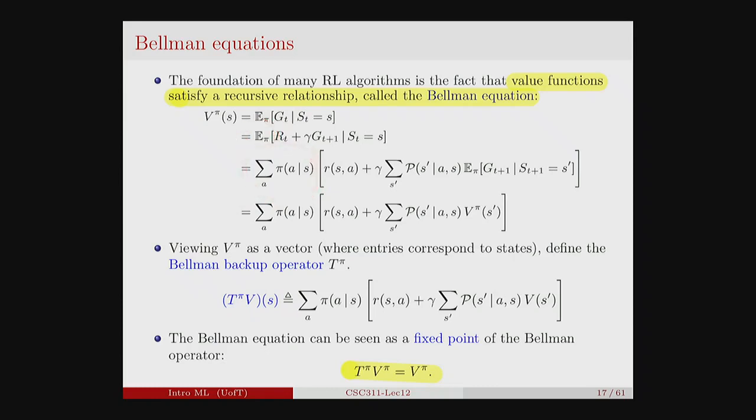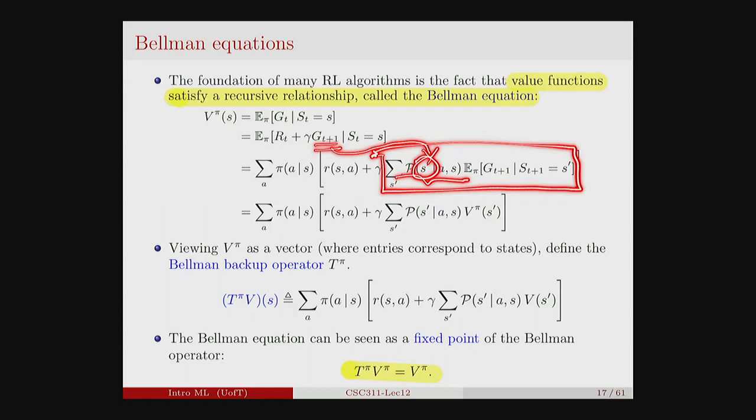Next, I'm going to write down R_t as R of s, a. Remember, this is the reward function. And I'm going to write down the future return as follows. The future return, what's going to happen to my agent in the future, is going to depend on which state this agent goes to in the future. So if the agent goes to state S prime, it has a probability P of S prime given s, a of doing so.